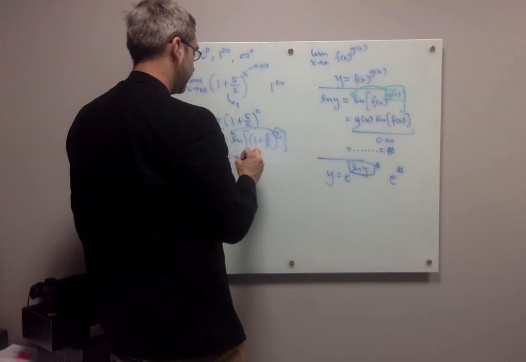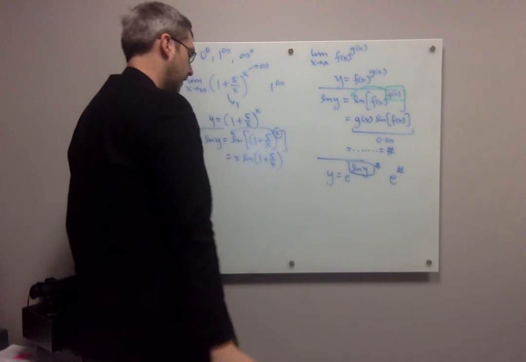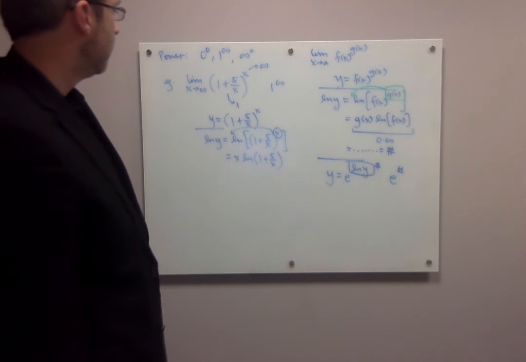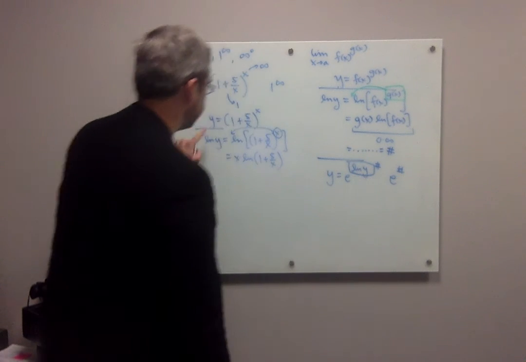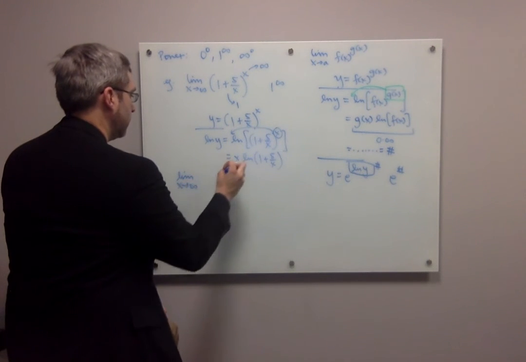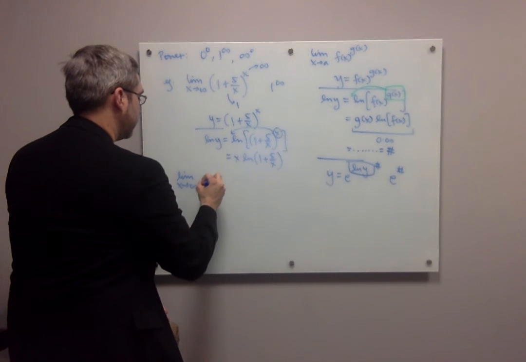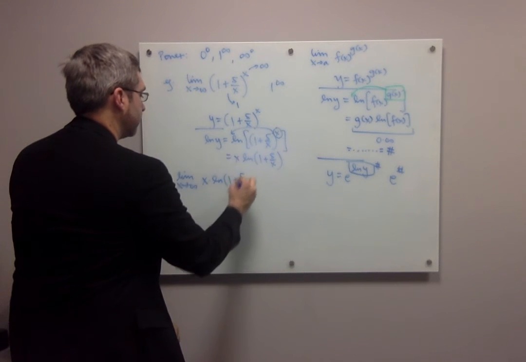So we get x natural log of 1 plus 5 over x. So now instead of looking at my original limit, in other words, the limit of y, I'm going to look at the limit of natural log of y. Okay, so I'm going to look at the limit of this thing, x times the natural log of 1 plus 5 over x.